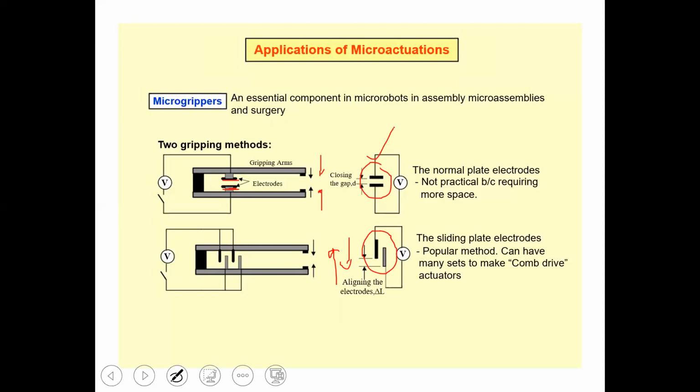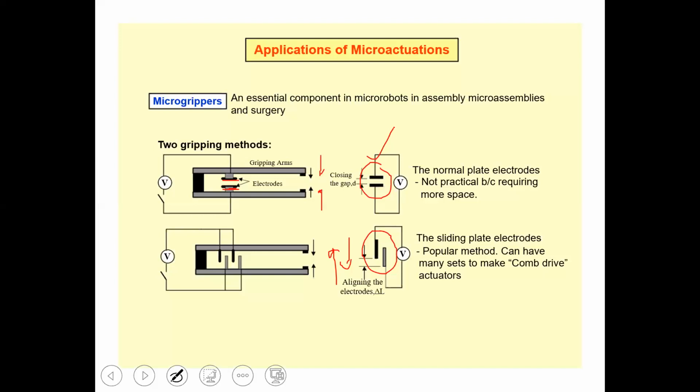So both, as we have just discussed, irrespective of whether the overlap area increases or the gap decreases, both can cause a change in capacitance, and that change in capacitance can be utilized for sensing. Or, because force will be there, it will force the two plates to move towards each other, so they can be used as an actuator.